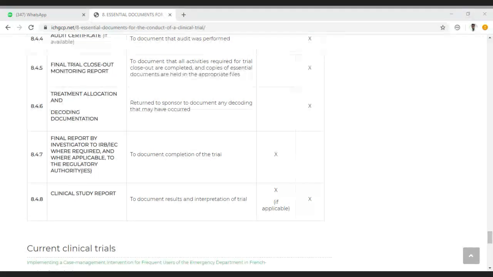Fine. Coming to the next, as per the agenda of the call, DIA. Who will tell the full form of DIA? Ranjan, again your screen is not showing DIA, only essential documents is showing.